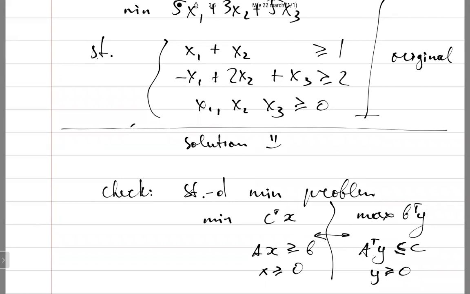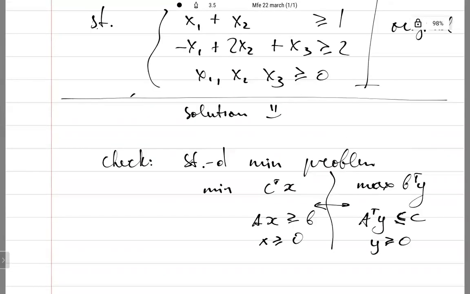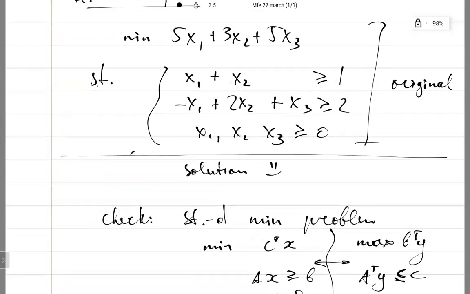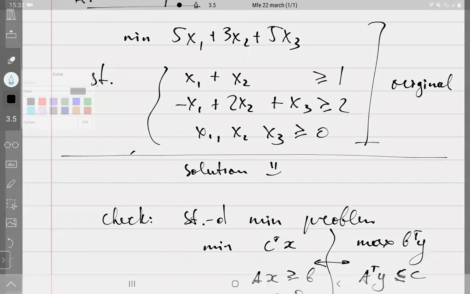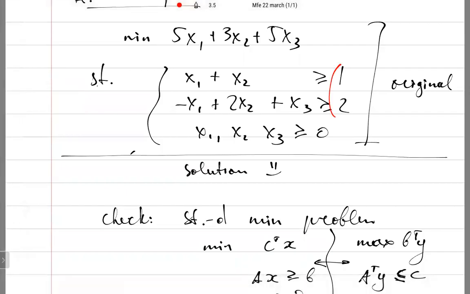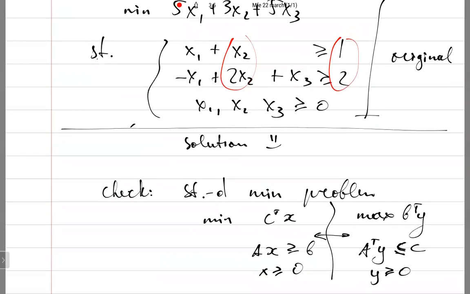Okay, in my case, I have 1, 2 and 1, 2 there. Can you see how I have created the problem? Maybe you see already that I have 1, 2 there and 1, 2 there. So that's exactly your case, with the other 2 inequalities.